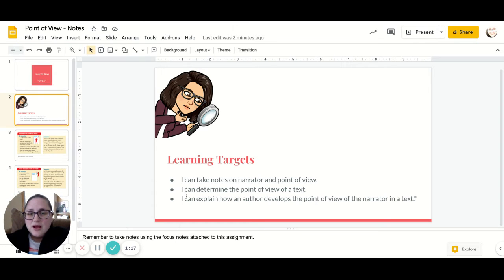I can explain how an author develops the point of view of the narrator in a text. All right, so that's the big one. That's the big one we're going to be covering throughout the unit.